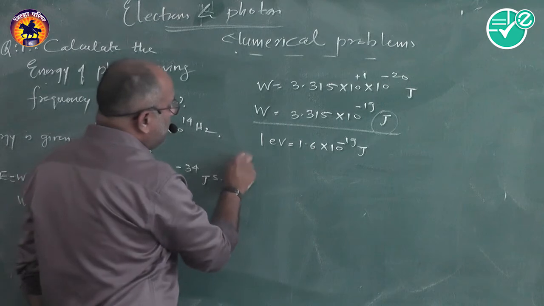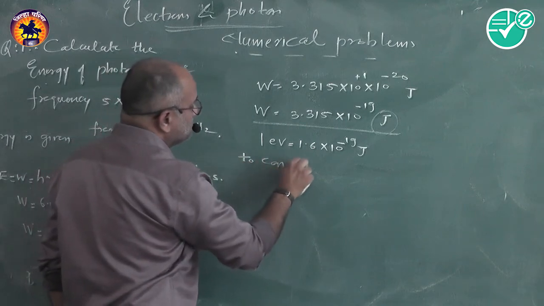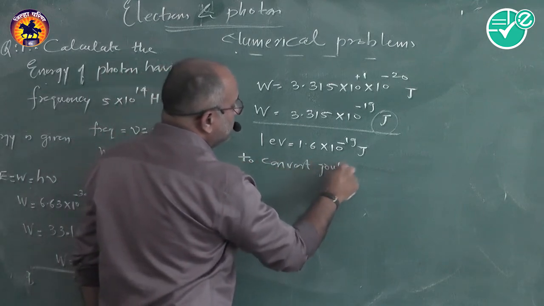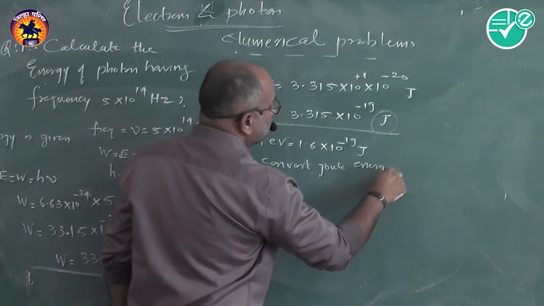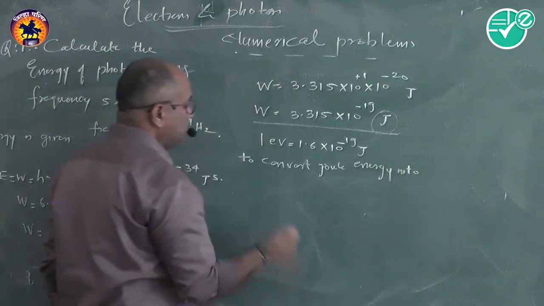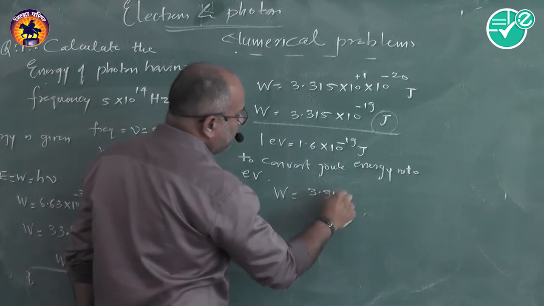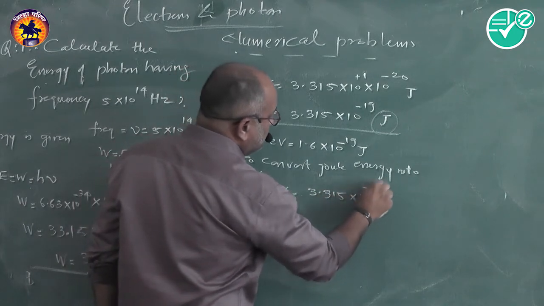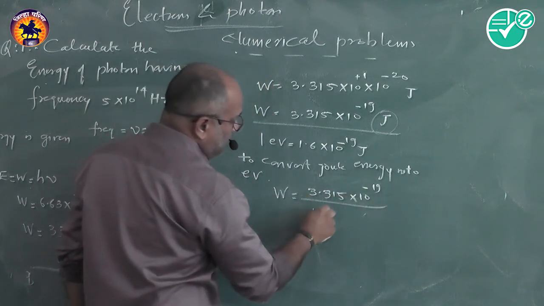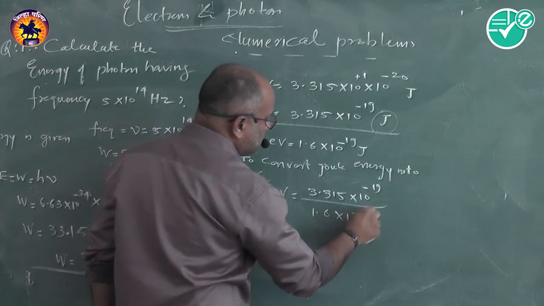So to convert joule energy into electron volt, W is equal to 3.315 into 10 raised to minus 19 divided by 1.6 into 10 raised to minus 19.